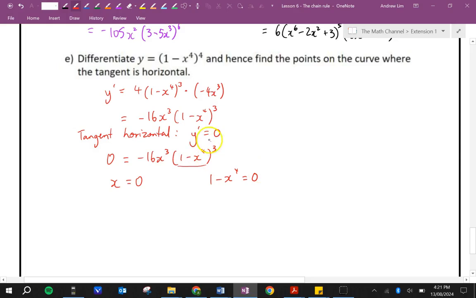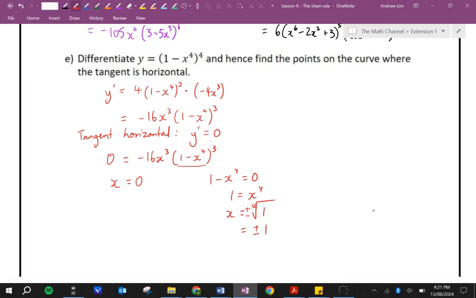Because if that equals 0, then 0 times whatever this is will also equal 0. So, I'll add x to the power 4 to both sides. I will take the fourth root. If I were to take the fourth root of 1, I will get plus minus 1. Okay, so we'll take the plus minus fourth root because that's an even power. So we will get 2 answers.